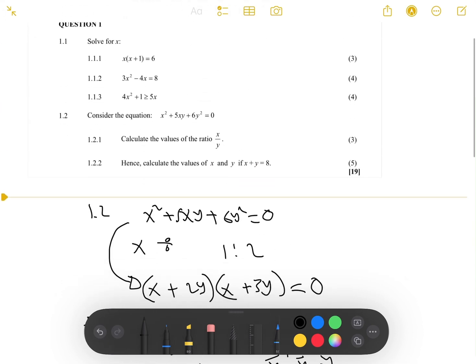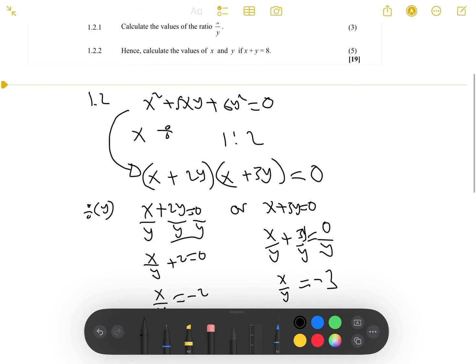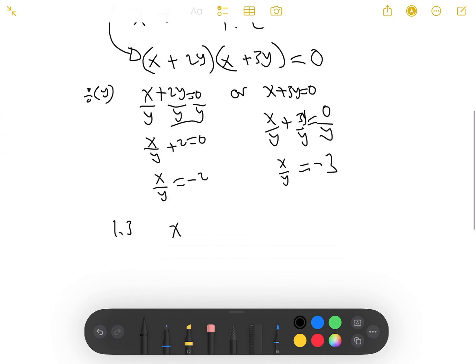Then part 2 is saying 1.2.2, hence calculate the values of x and y if x plus y is equal to 8. x plus y is equal to 8.